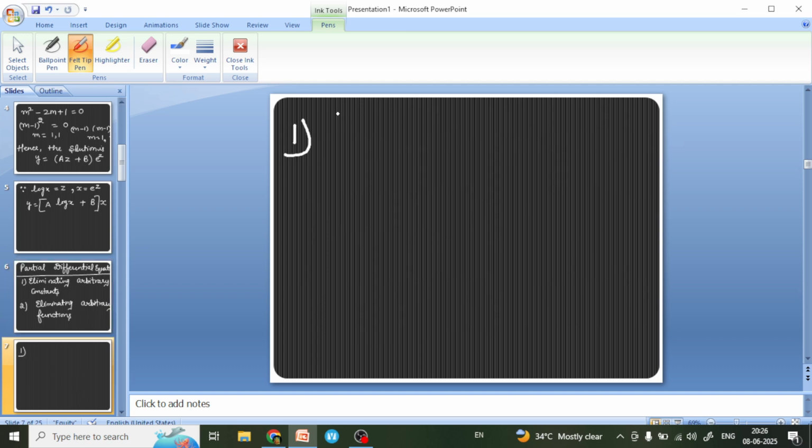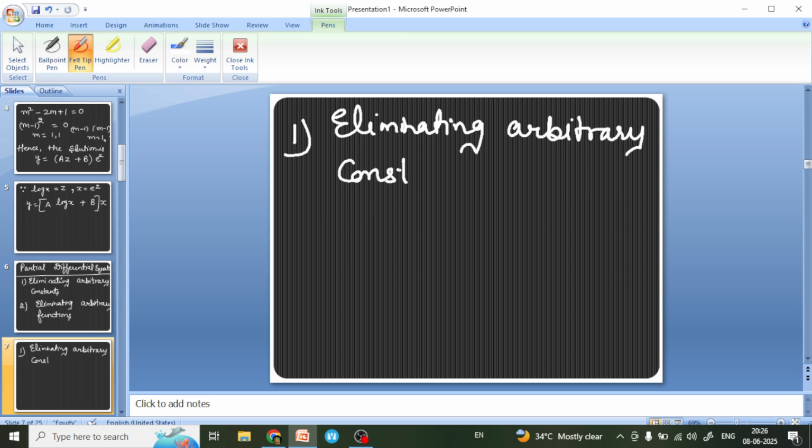Now first, eliminating arbitrary constants.